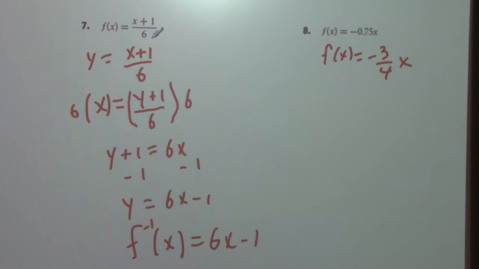Now, what else did you notice in this one here? Do you notice any kind of pattern on this one? It's really similar to that on number 5. What else do you notice besides we have the same reciprocal slope sort of deal, right? So we went from 1/6 to 6. But what else do you notice? Anything?